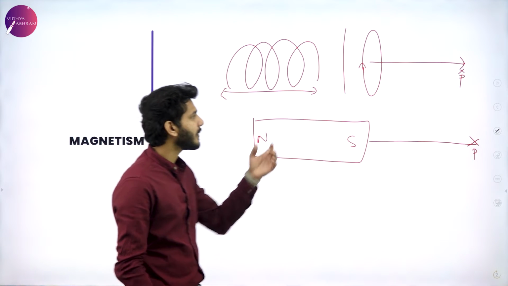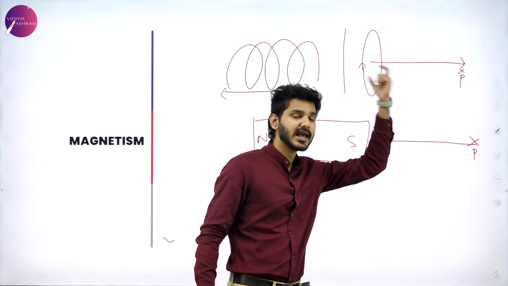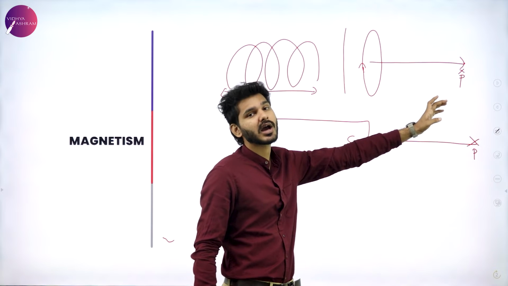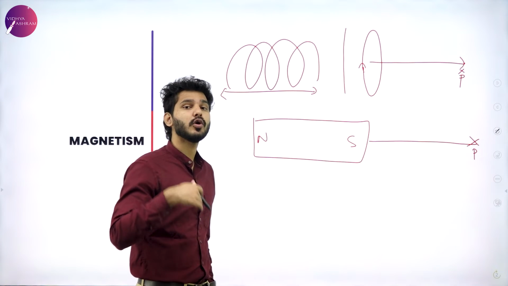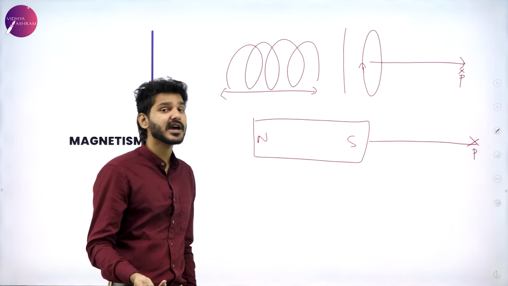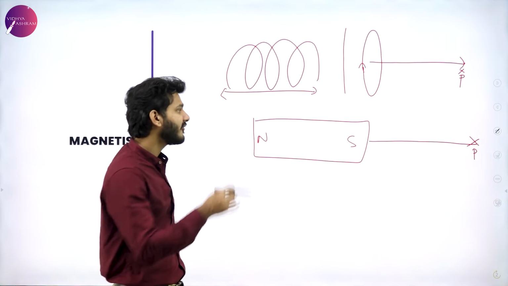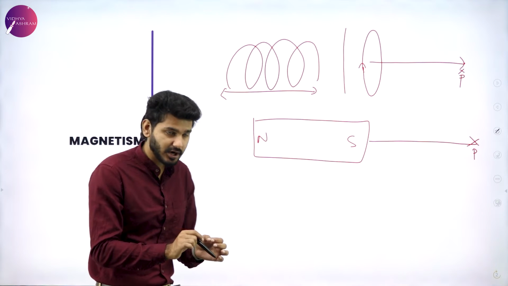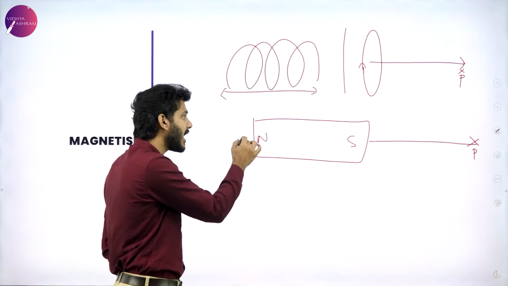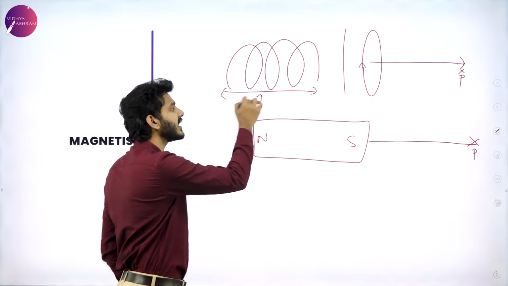So basically, I am asking you what is the magnetic field at the axial point for this current carrying loop. We already derived that result, and it is also applicable for a bar magnet, because the bar magnet behaves like a current carrying solenoid.